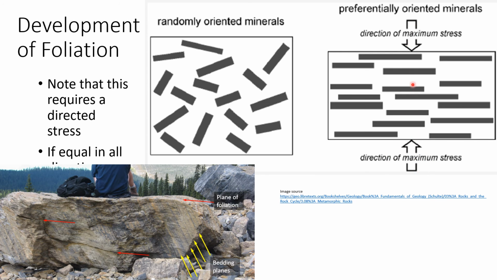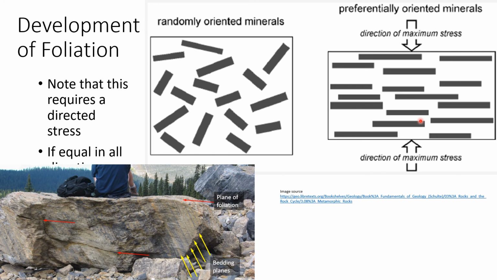This one is showing it pushed from top and bottom. Often it's from the sides if you get a lot of regional faulting going on, like we talked about with Africa slamming into North America. So what happens is these originally randomly oriented minerals end up oriented so that their flat sides are all lying perpendicular to stress.